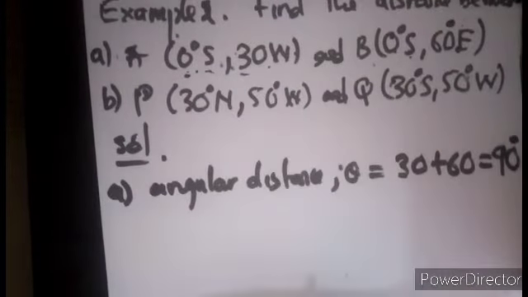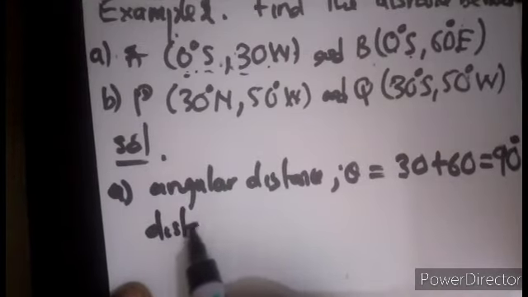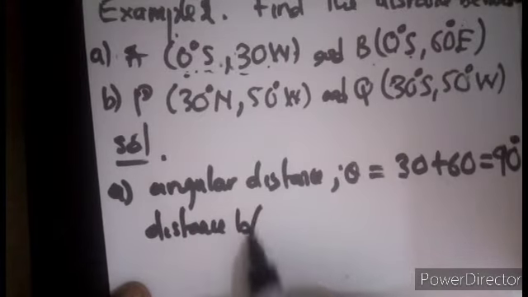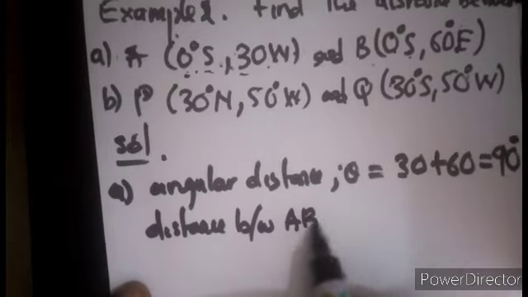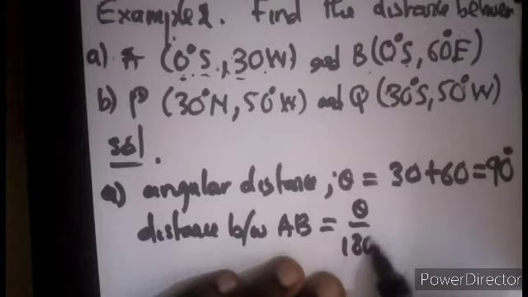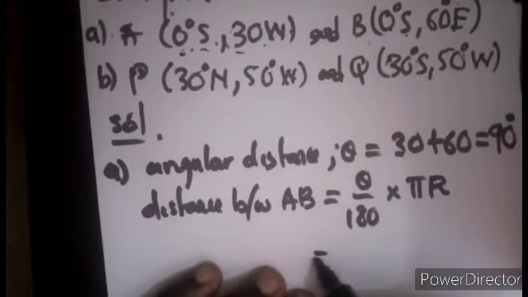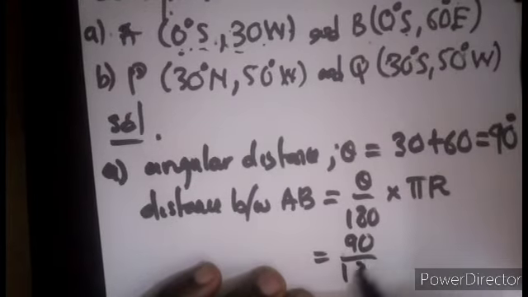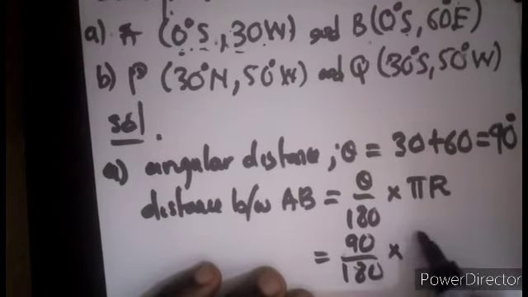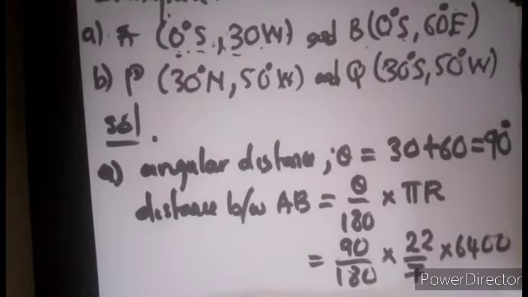So theta equals 90 degrees. So the distance between A and B is theta all over 180 times pi R. That is 90 over 180 times 22 over 7 times 6,400.